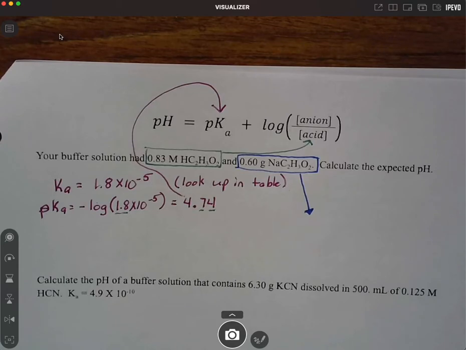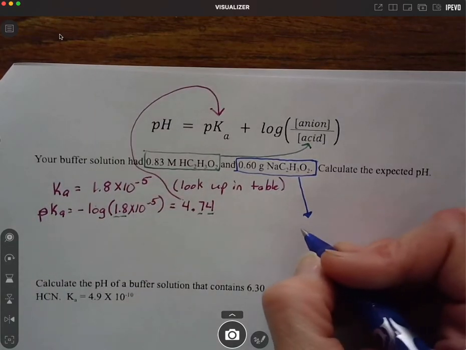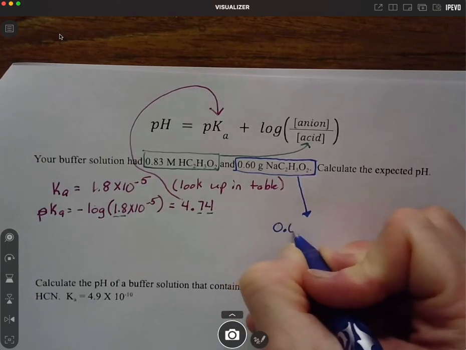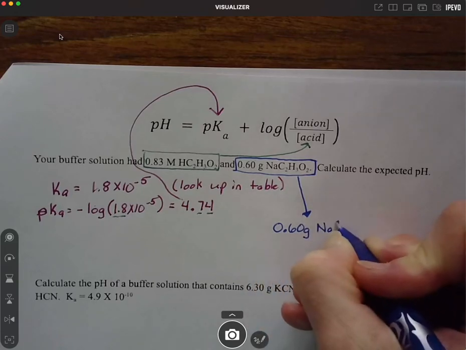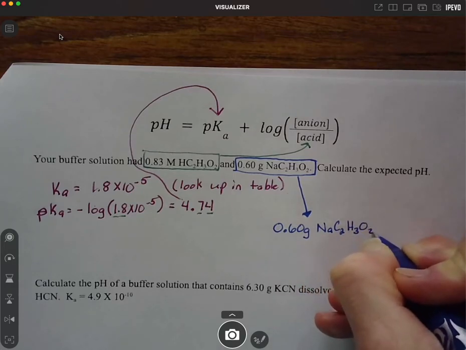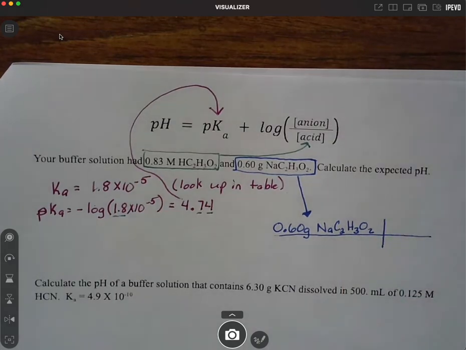I need to find the concentration of the acetate ion. Okay, so first I need to find out how many moles of sodium acetate. 0.60 grams, NaC2H3O2. So get your periodic table because we're going to need a molar mass on that stuff.